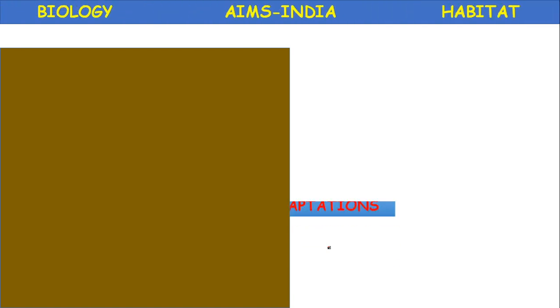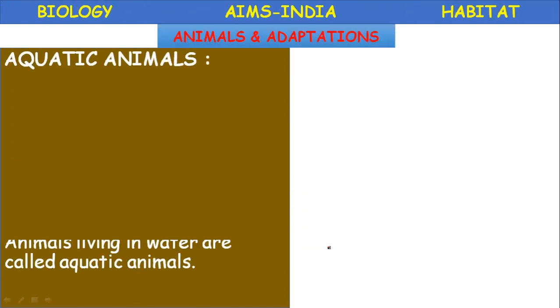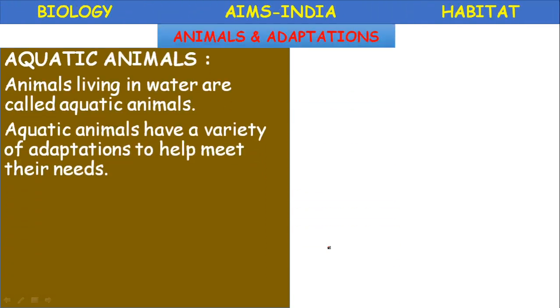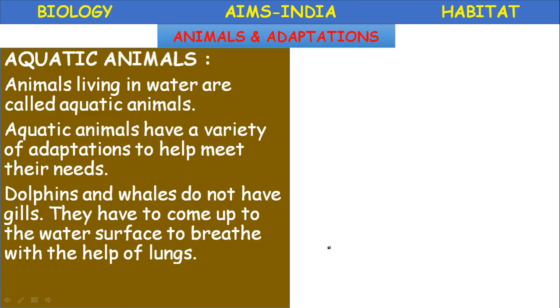They possess a streamlined body. They have a variety of adaptations to meet their needs. If you see the fish, its body is streamlined and the body is covered by fins and scales. Scales are very slimy to touch.